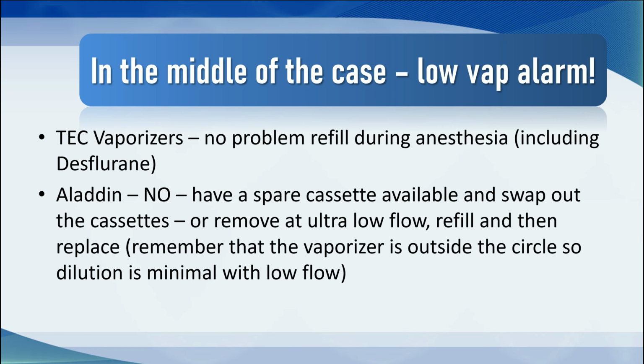Alternatively, if you only have one cassette, for example, there may be only one Desflurane vaporizer in the operating suite, you can remove that cassette during ultra low flow, refill it, and then replace it. Remember that the vaporizer is outside the circle, so dilution of the vapor within the circle is minimal if you're using low flow.